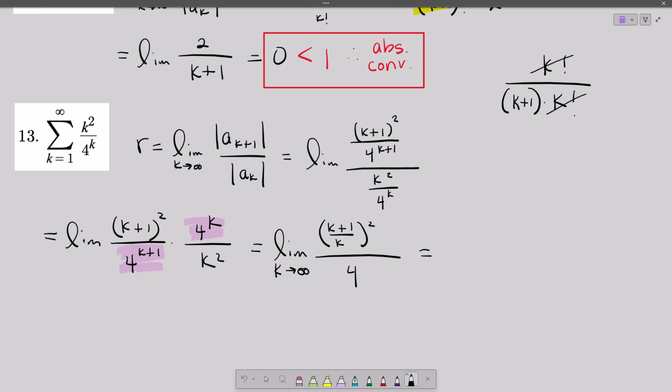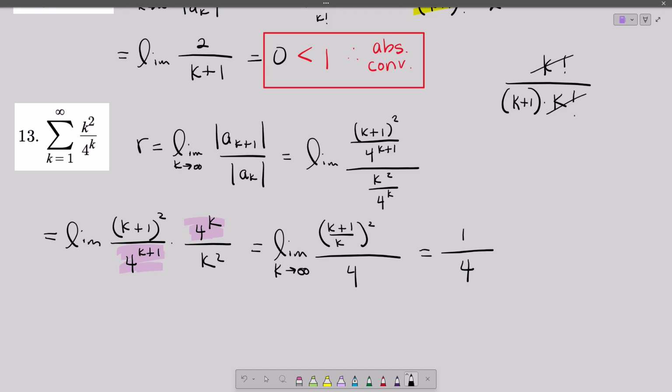So when you take the limit in here, k plus 1 over k, you can push the limit to the inside. You could say to yourself it's infinity over infinity, so you'd use L'Hopital's rule, take the derivative, 1 over 1 is 1. Or you have polynomials that have the same power, so you look at the ratio of leading coefficients. Whichever way you look at it, you get a 1 up top and a 4 down below.